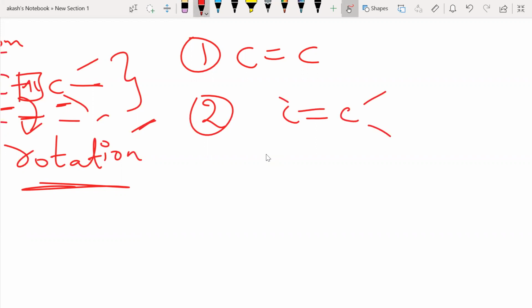You have two more bonds in each of these cases. Each of these carbon atoms should have two different groups in their two bonds. That means, say, if I have an A, this should be something else, say B or C or whatever it is.